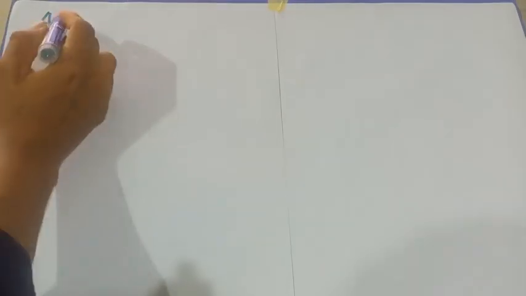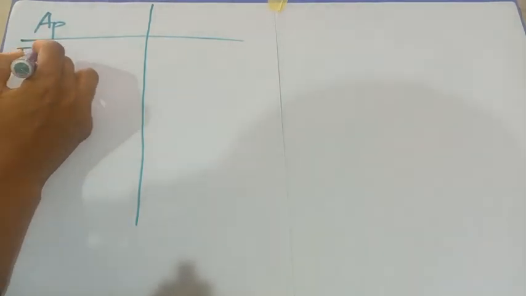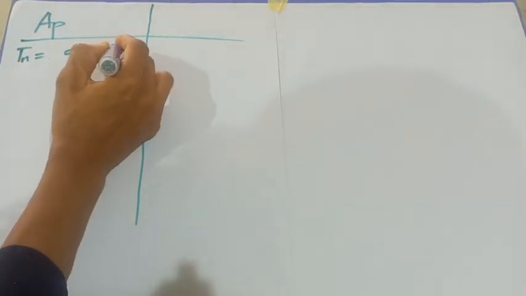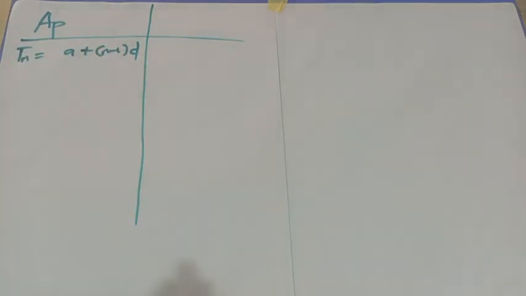The nth term for AP, let me write it like this. For AP, the nth term, Tn, is A plus n minus 1, then the common difference, where A is the first term, n is the number of terms, d is the common difference.